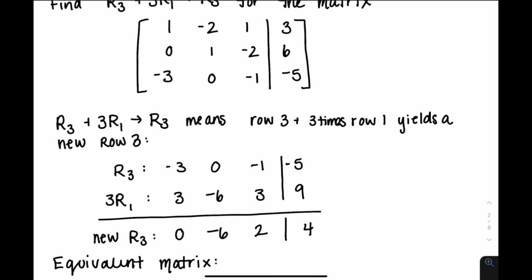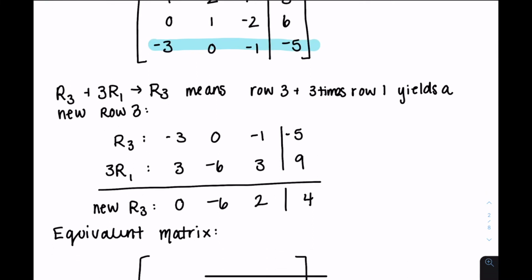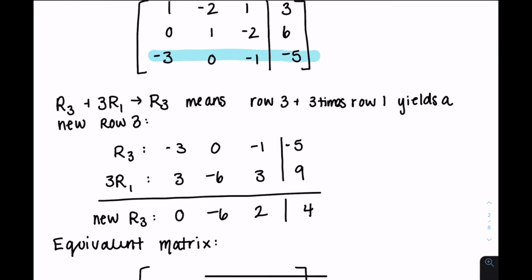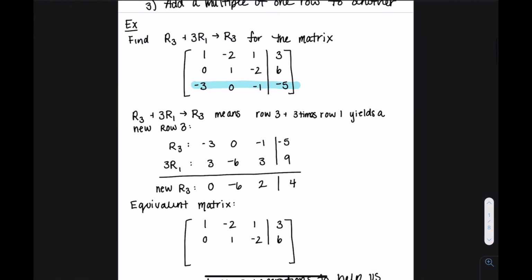This is going to replace row 3. I'm leaving everything else untouched, so my first row is still the same, and my second row is still the same. But my third row is replaced by this new one, 0, -6, 2, 4.